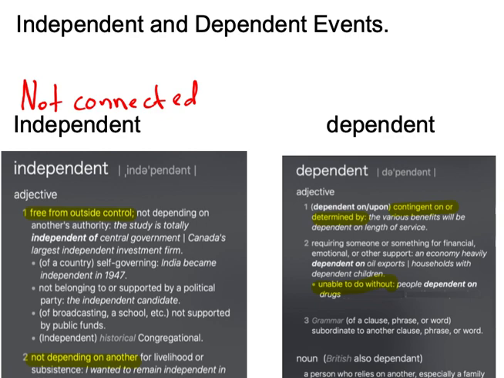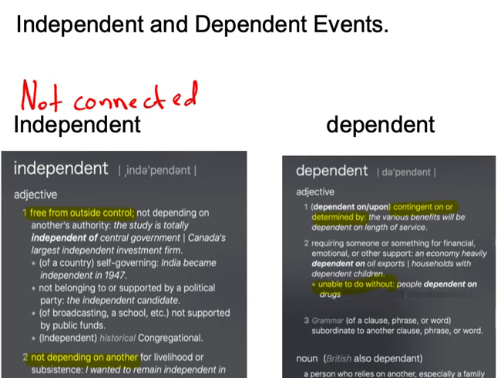Now let's look at dependent. This is the definition I pulled out of my Apple Searchlight, so it's just the Apple dictionary. Dependent means contingent on or determined by, unable to do without. In fact, another thing to think about with independent and dependent is, as far as the government is concerned with taxes, independent people file their own taxes.